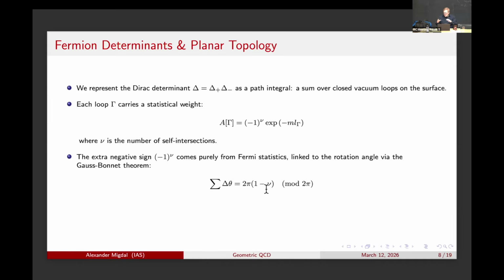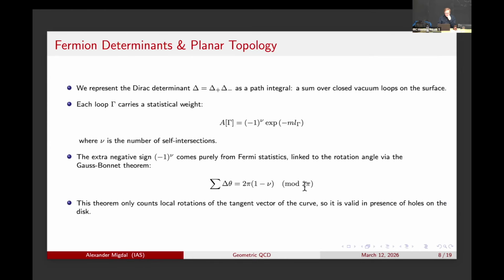It's not exactly Gauss-Bonnet, but if you combine it with the theory which counts intersections, I forgot the name of that guy. Anyway, the sum over delta angles, whether a continuum path with infinitesimal changes, or rotations like 45 degrees, is always topologically 2 pi times 1 minus nu, modulo 2 pi. And that's all we care about.